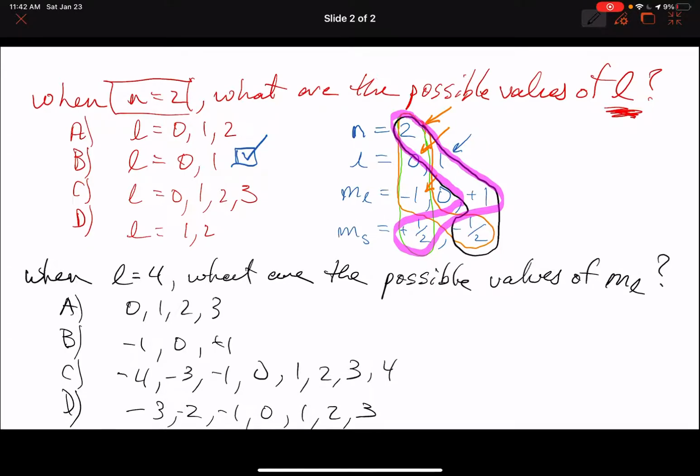So again, this is a moment where you can pause the video, work through this answer in your own notes, and then resume the video once you've had a chance to do that.